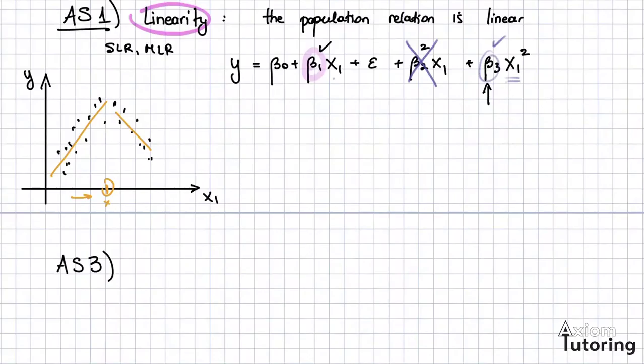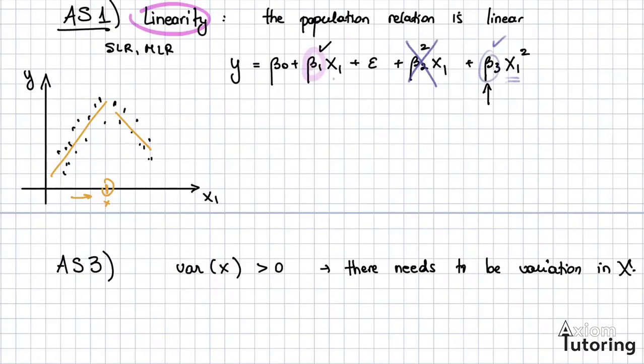Assumption 3 tells us that the variation in x should be greater than 0, meaning there needs to be variation in your x variable. For most of you, this will make very intuitively a lot of sense, because what is the point of you running a regression to find the relation between y and x if your values in x are not changing and your values in y are changing?